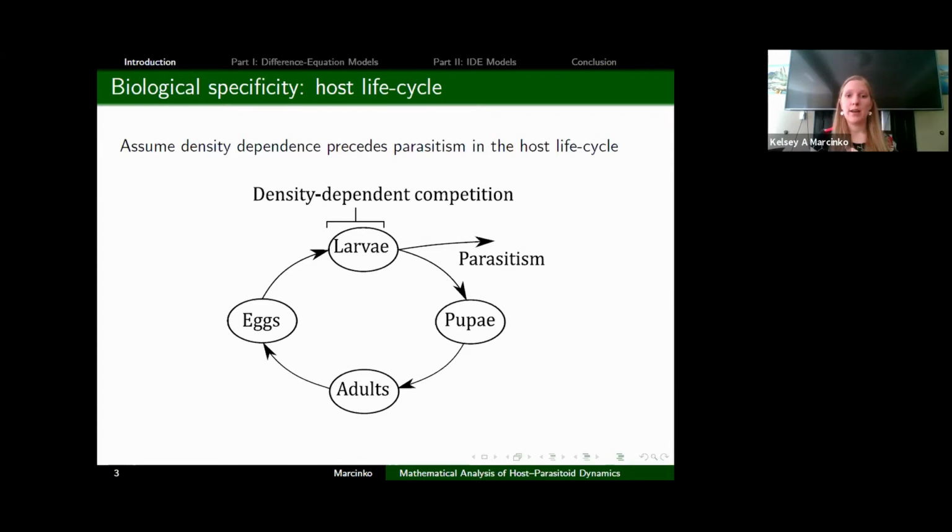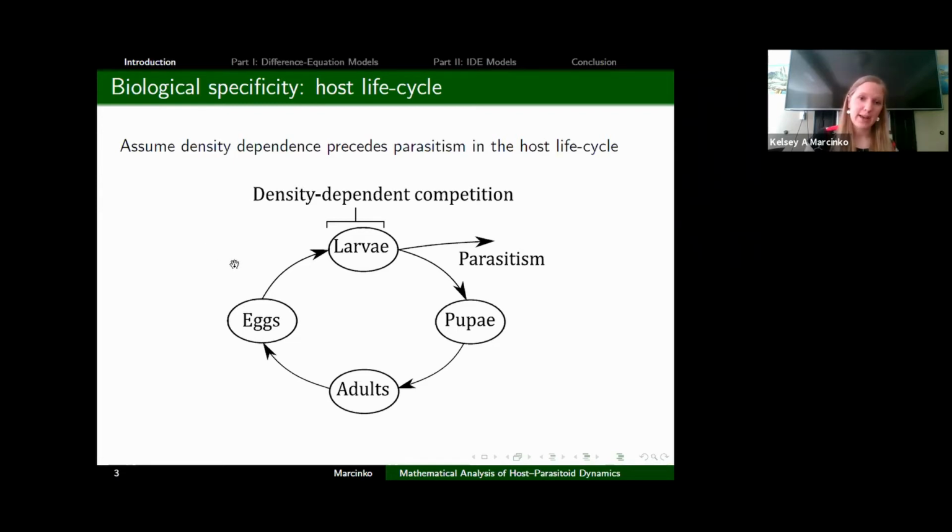And so in formulating the models that I have analyzed, I chose to include biological specificity, specifically writing down models that have density-dependent competition occurring prior to parasitism in the life cycle of the host species.